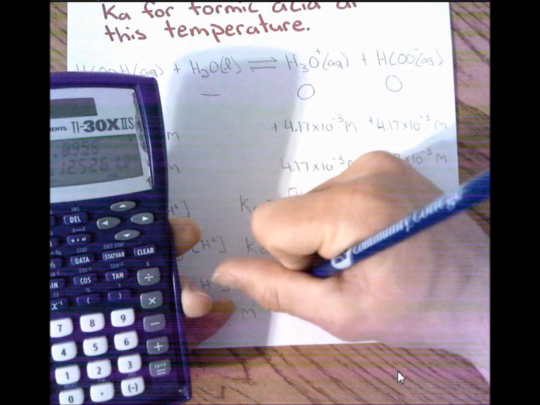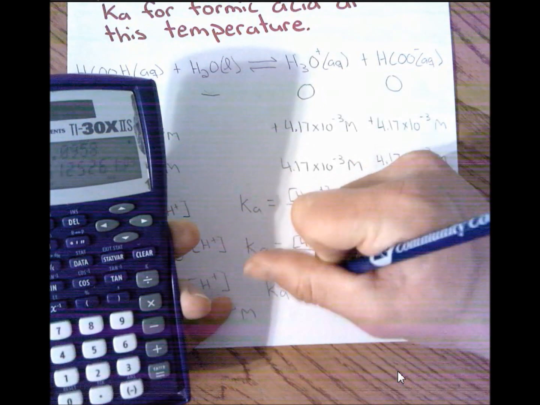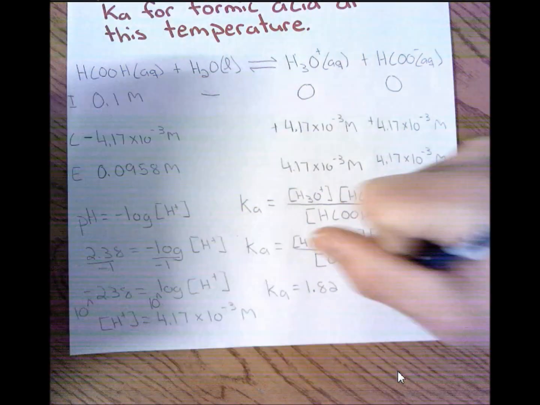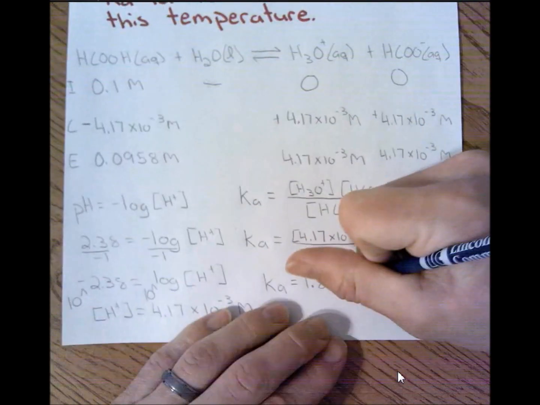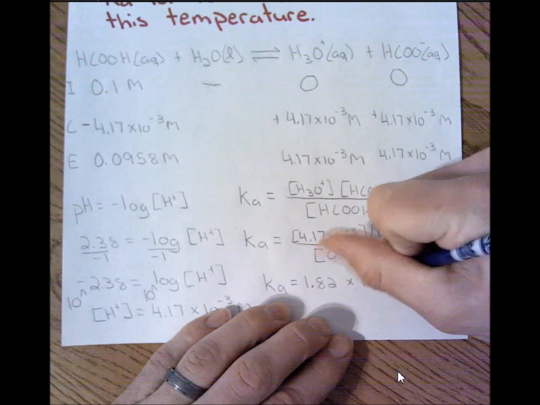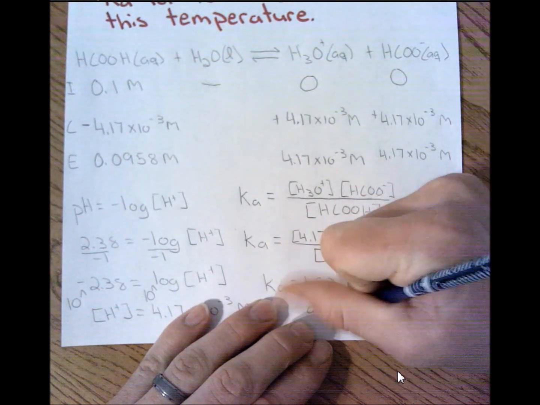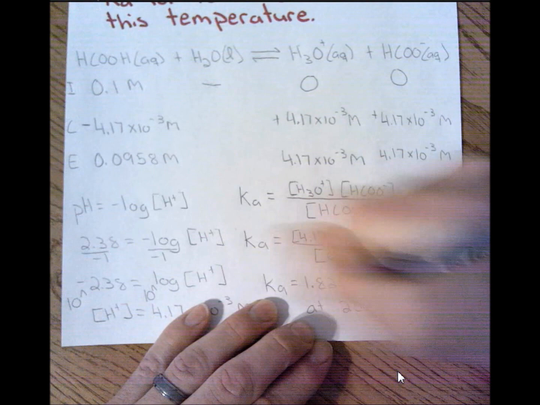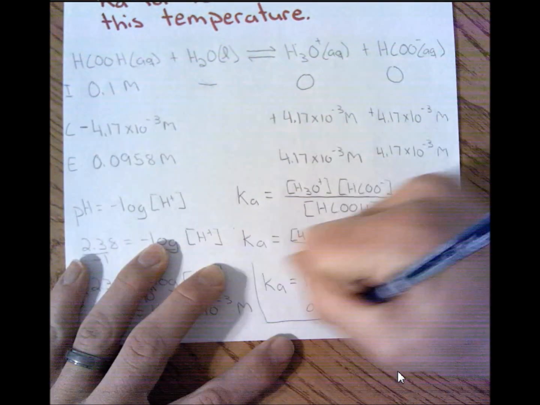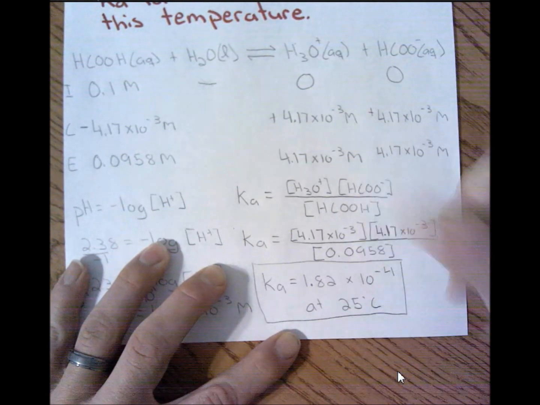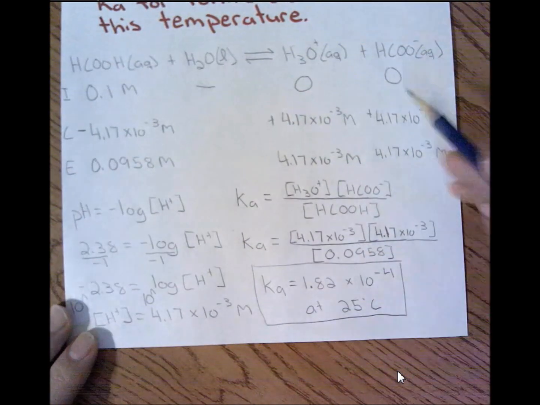Now, remember K is at a specific temperature, which is 25 degrees Celsius. So that's how we calculate our Ka when we know all of these things, or when we are able to calculate our equilibrium concentration.